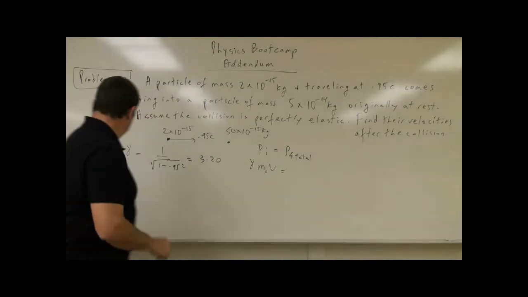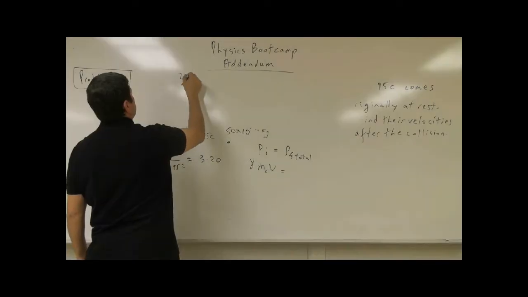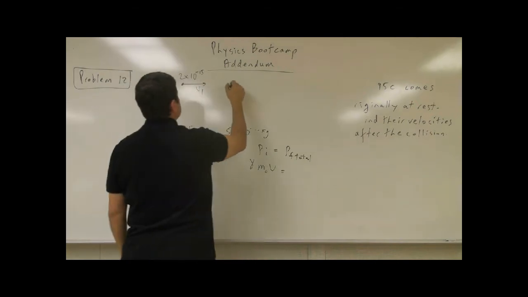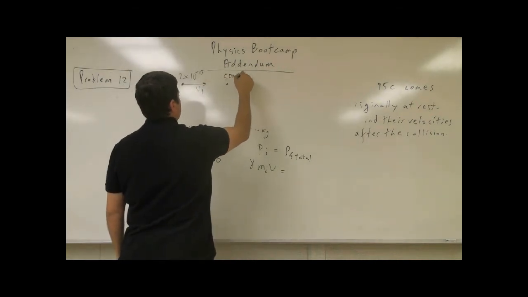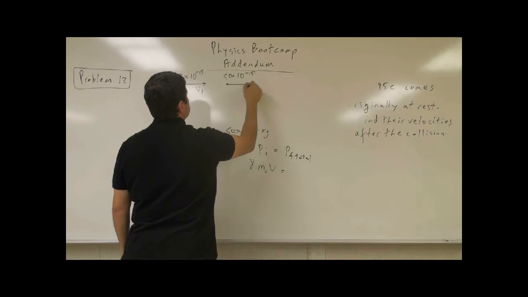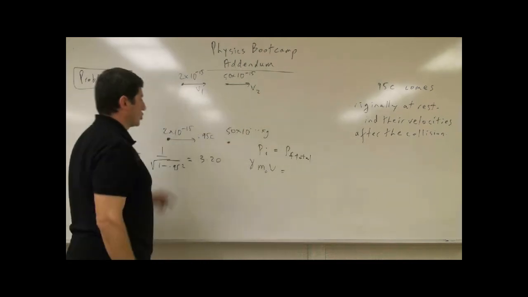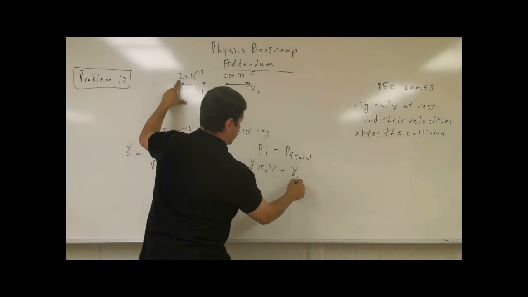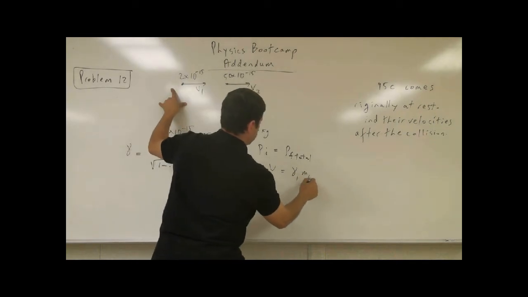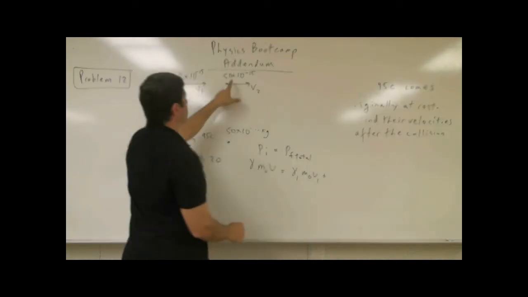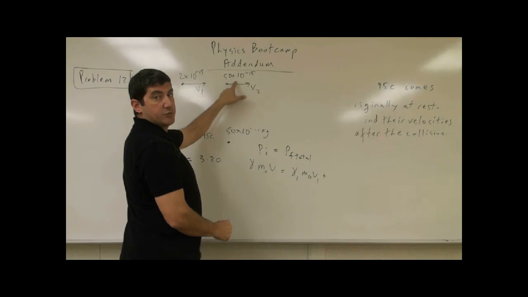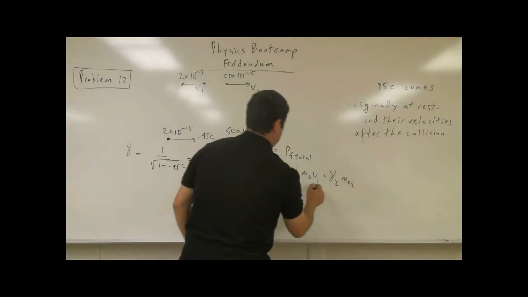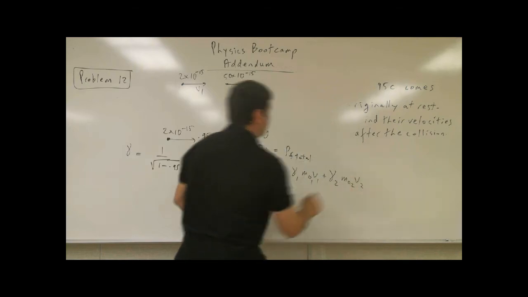let's draw this. You have 2 times 10 to the minus 15. It's going to be a certain velocity v1, and 50 times 10 to the minus 15, a certain velocity v2, right? So we're going to need the gamma of that particle, right? We can call that gamma 1, and then m0 v1, and then we're going to need the momentum of this one, gamma 2 m0 2 times v2, right?